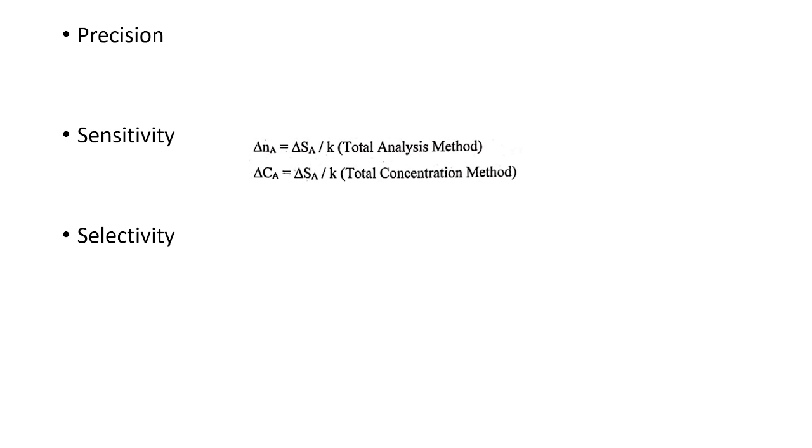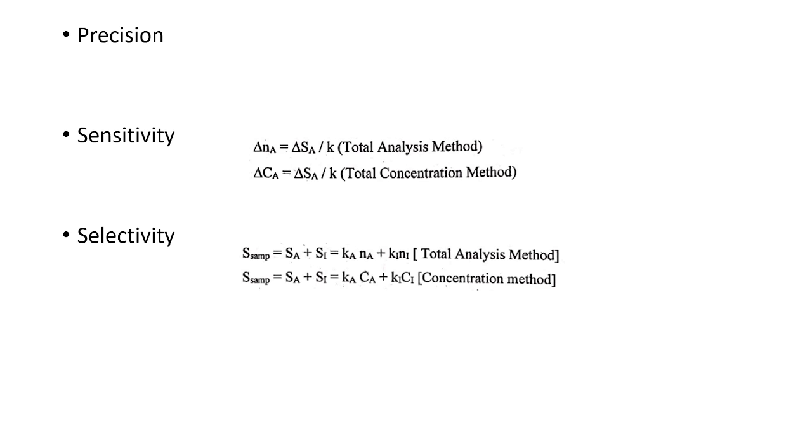If constituents present in the sample other than the analyte also contribute to the analytical signal, they are referred to as interferents. In the presence of an interferent, the above two equations can be modified to include the signal contribution from the interferent, Si. Here I refers to the interferent. Sa is the signal of the analyte plus Si, the signal due to the interferent.